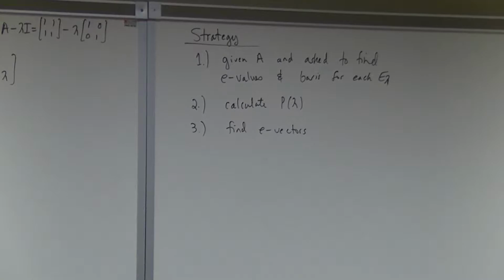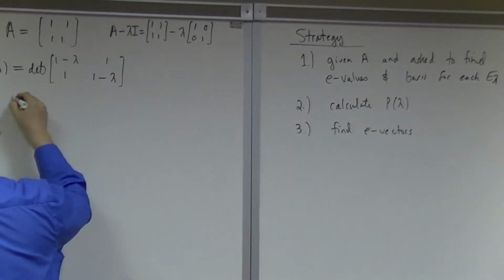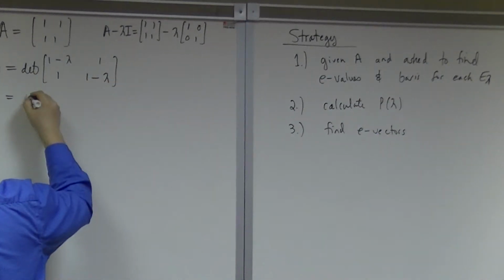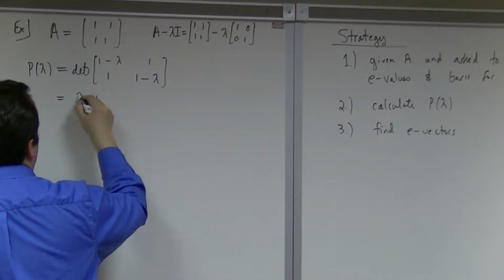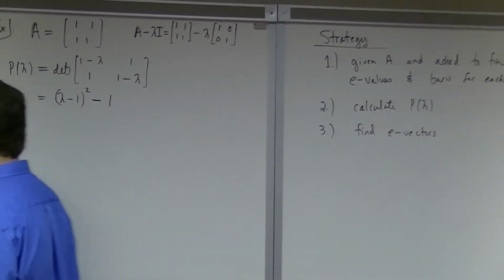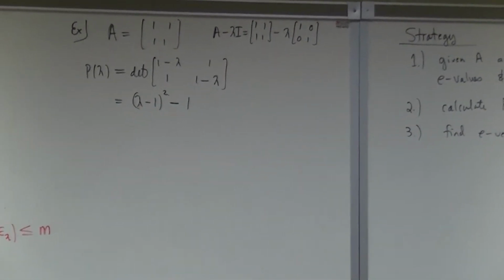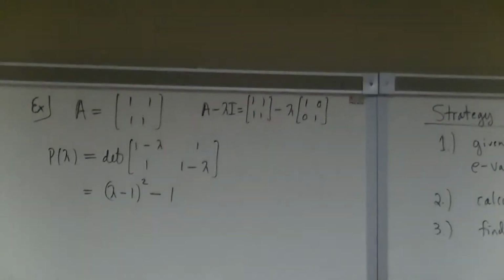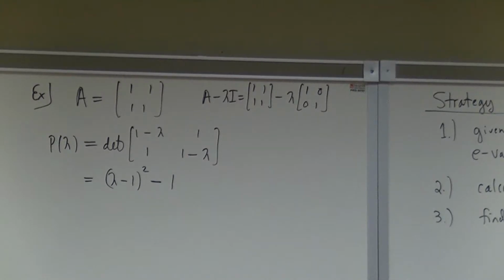We're good? Now you got to know those determinants we talked about before, right? So this is probably the most important application of determinants as far as this course goes. Here's a fun fact. That's the same as lambda minus 1 squared, right? Think about it. Because minus a squared is a squared. I like lambda minus 1 rather than 1 minus lambda if I can have it. That's just how I roll.